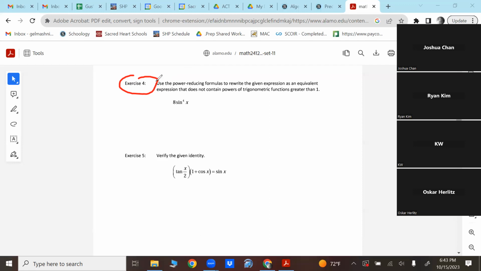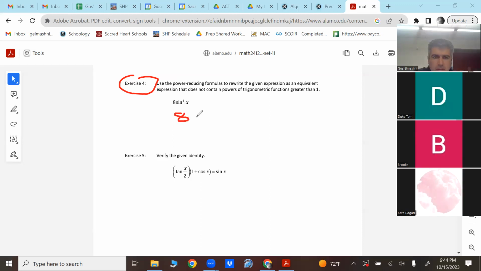You can definitely be using power reduction formulas here. So hopefully you're getting this so far. 8. Think about the power reduction for sine squared x.